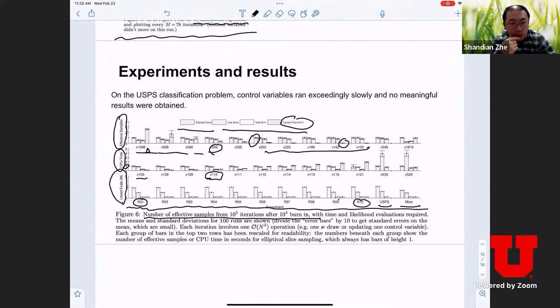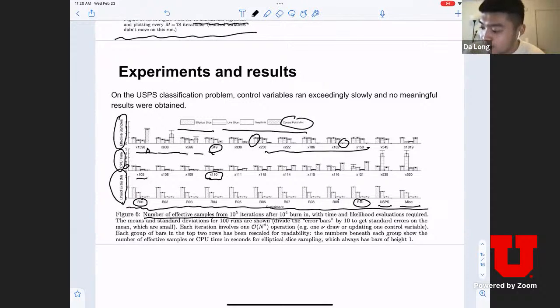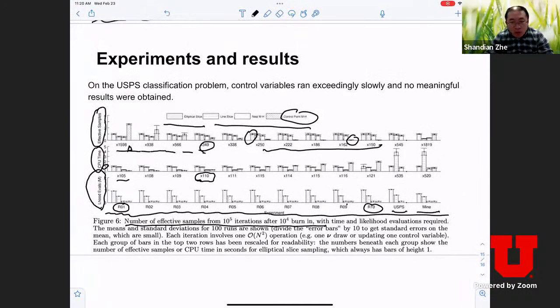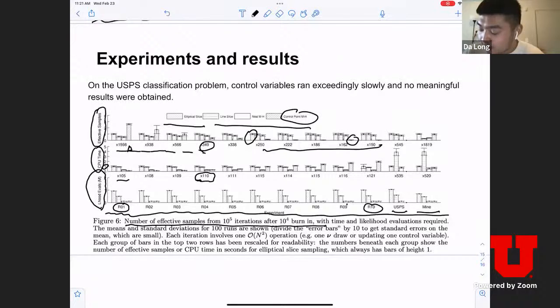But here I'm just curious whether it is the effective sample size of elliptical slice sampling only. Yeah, they have 4 bars here, but whose effective sample size is each?